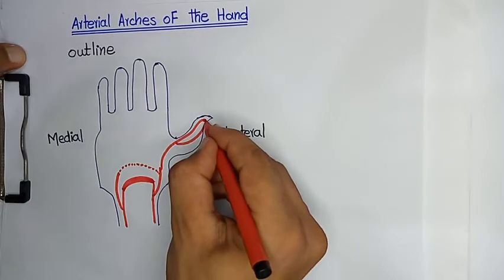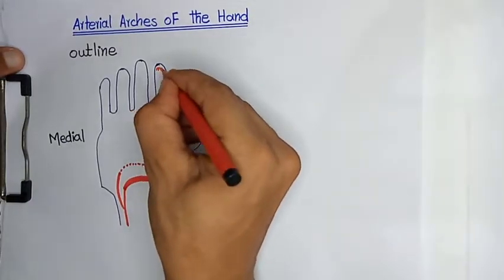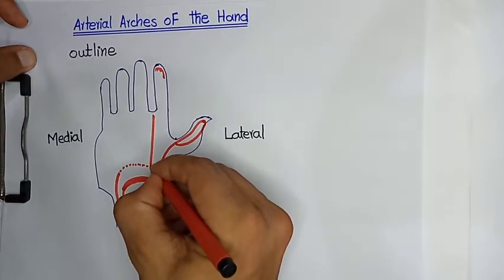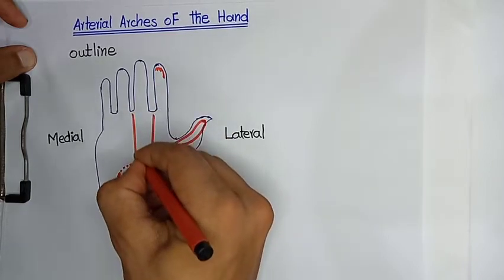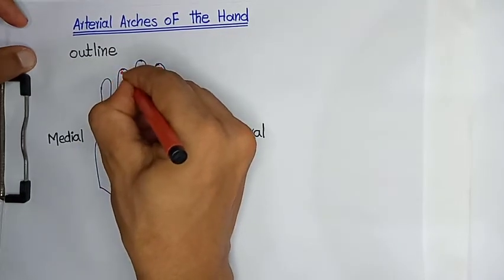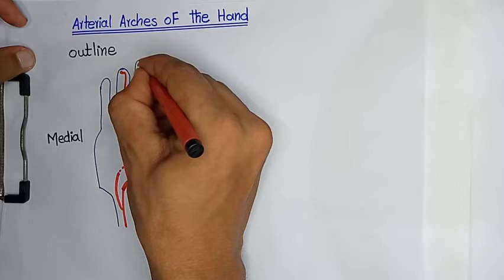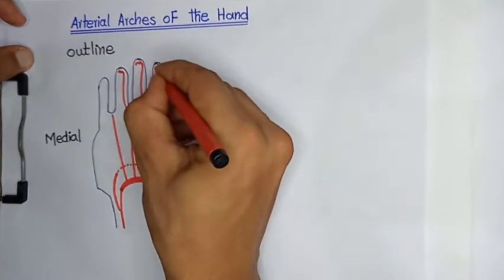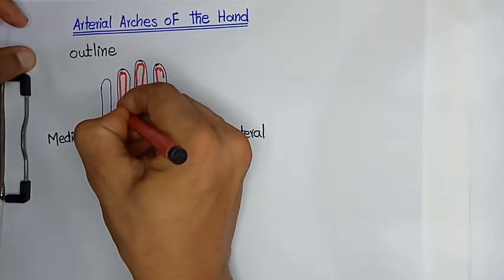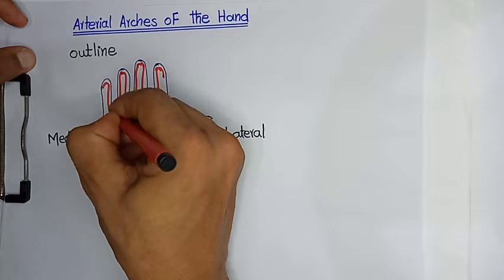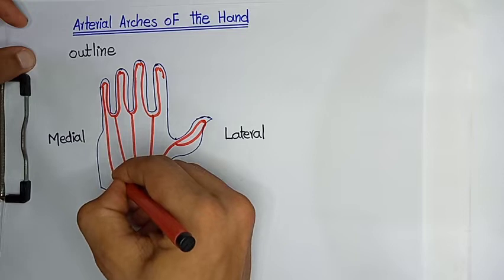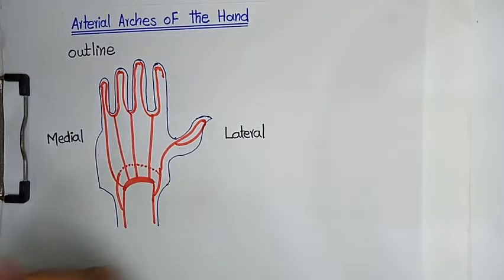This is the artery going to the thumb to supply periosteum of the bone. This is the plexus on the tip of the finger. This is superficial metacarpal artery and superficial metacarpal arteries, plexus in the tip, network in the tip of the finger, and these are the arteries to supply periosteum of the phalanges.